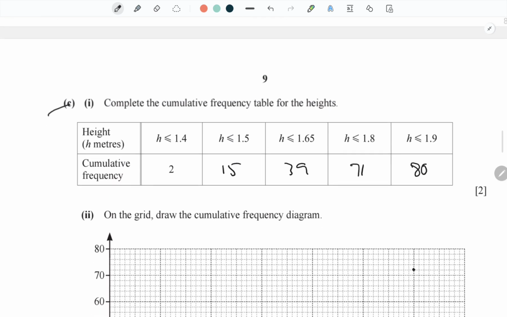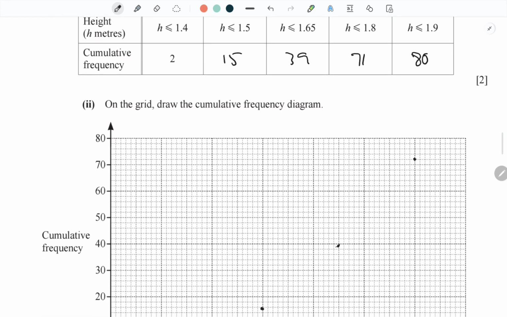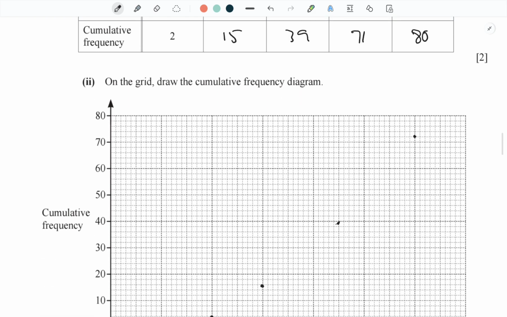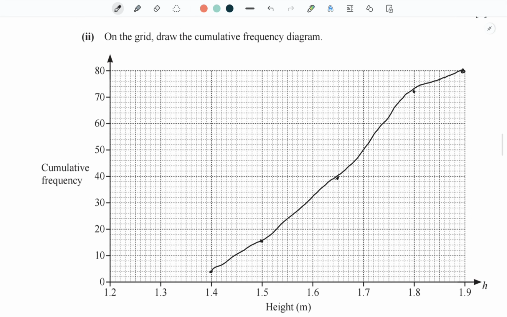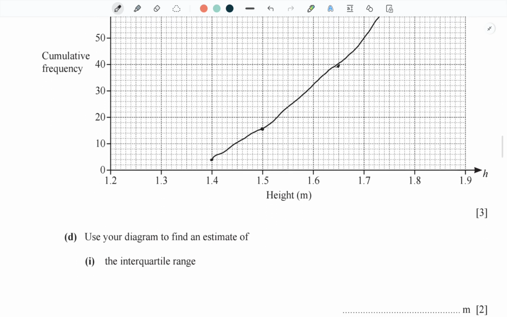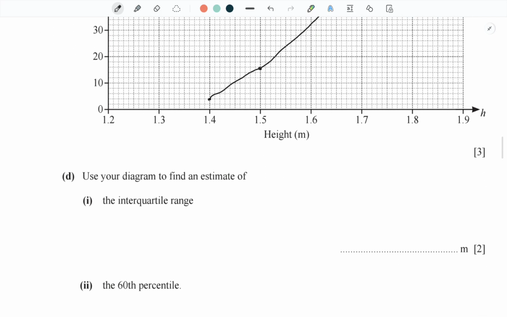And the last one 1.9, we have 80. So you see that we have a rising line. When you draw from the measurement, it's more correct. So the rising line has 1.9 at 80. This is the answer of this question.